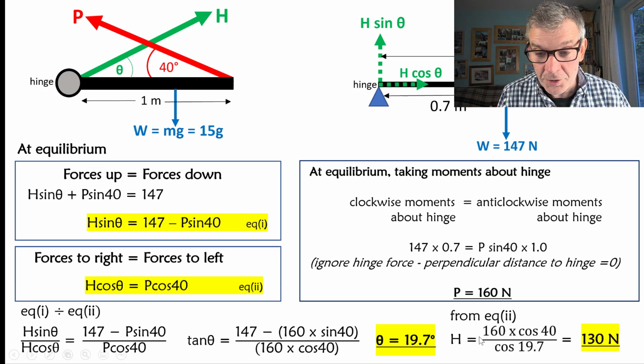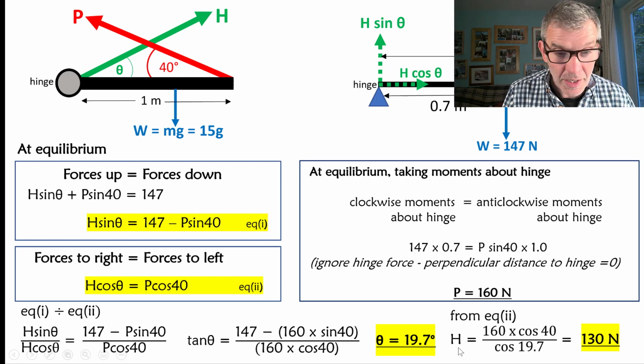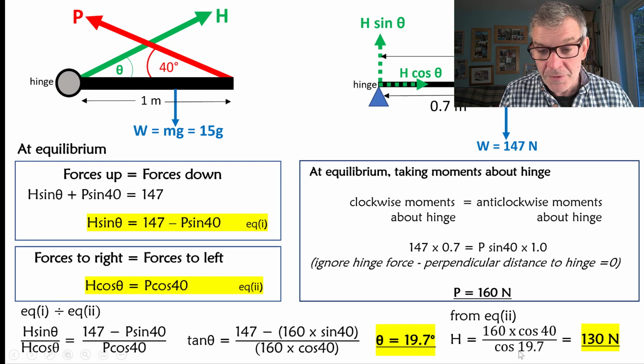We substitute our known values in and reorganize the equation. So H is equal to P cos 40, which is 160 times cos 40, divided by cos theta, which is cos 19.7, and that comes out to be 130 newtons.